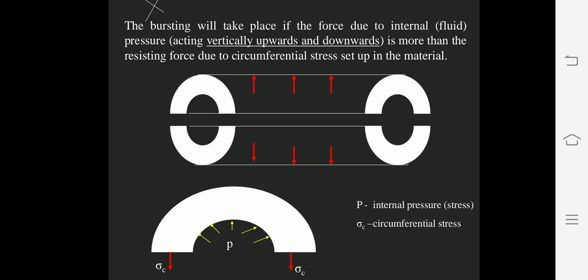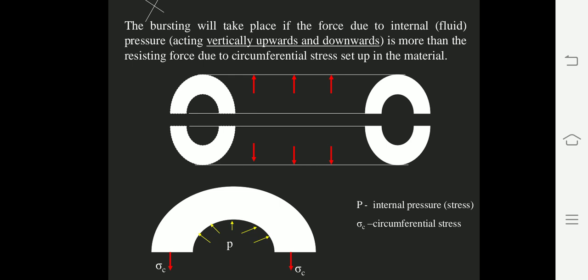Next, the best example of circumferential stress. The bursting will take place if the force is due to internal pressure. Assume that our LPG gas cylinder is going to burst now. The cylinder will definitely burst tangentially, circumferentially and longitudinally.